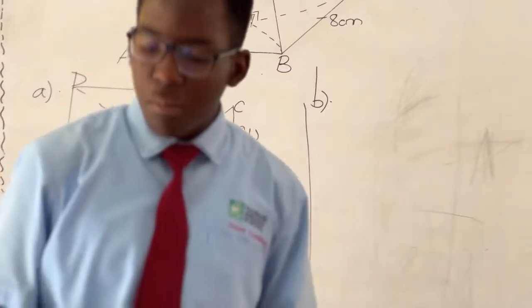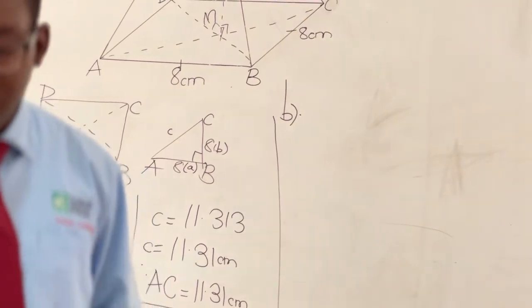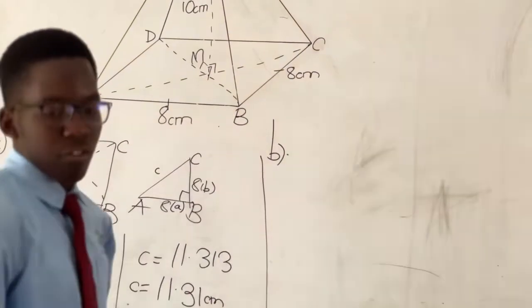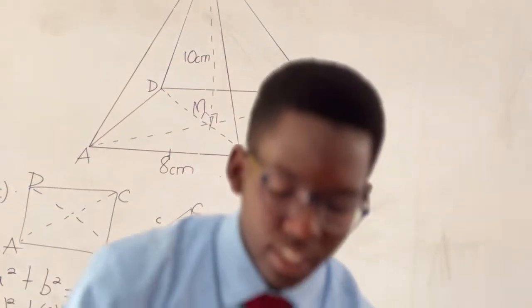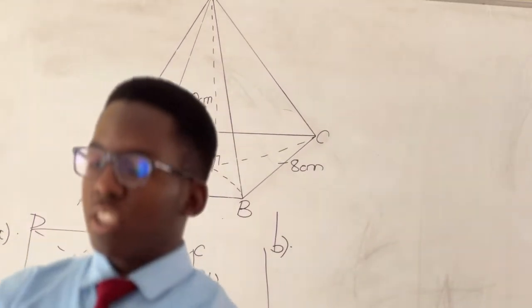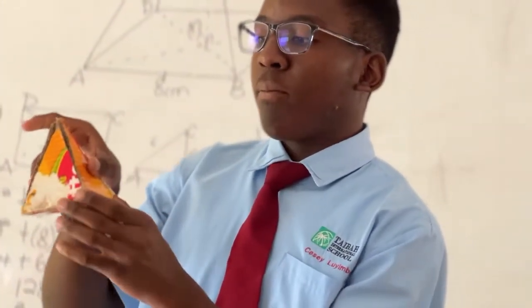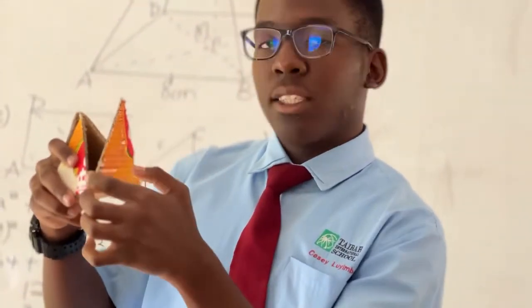Hope you're still with me. Part B says the slant height of VB. So VB, because this is point V, and this is point B. So they want this.